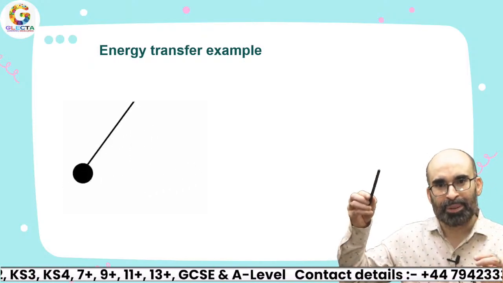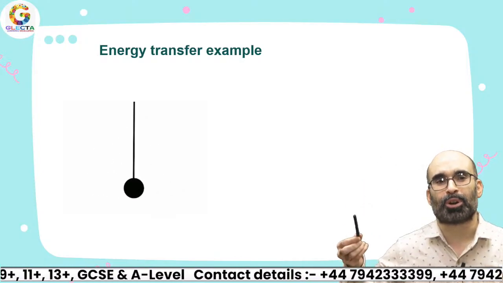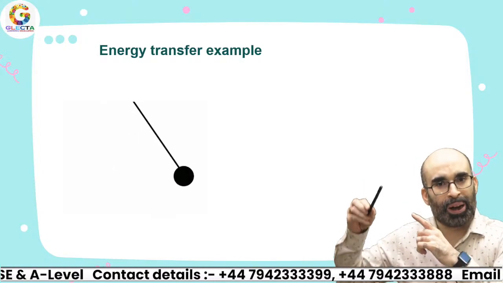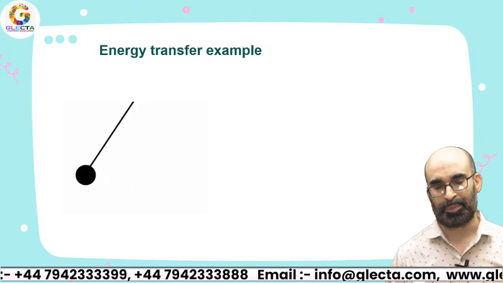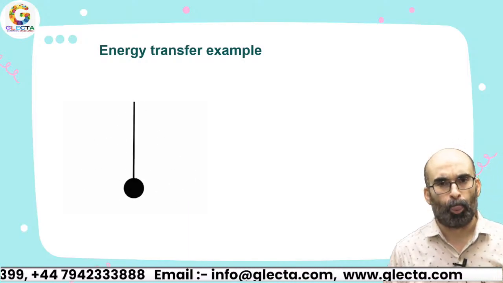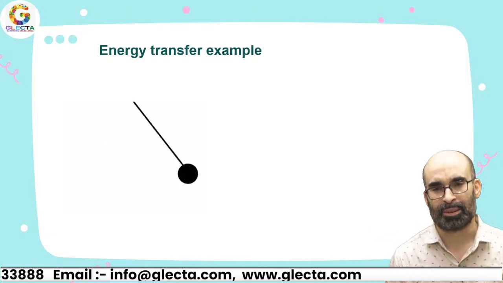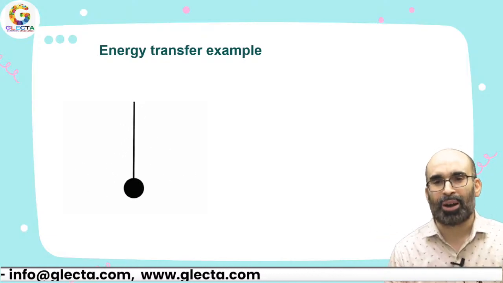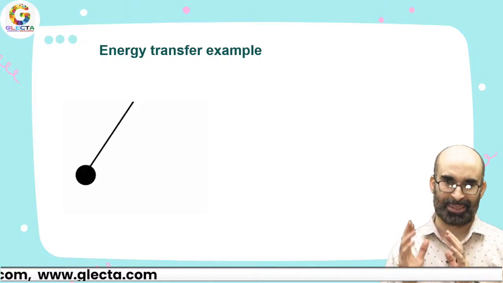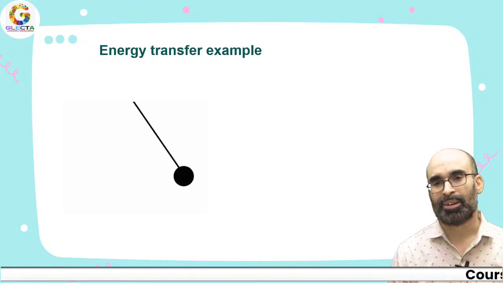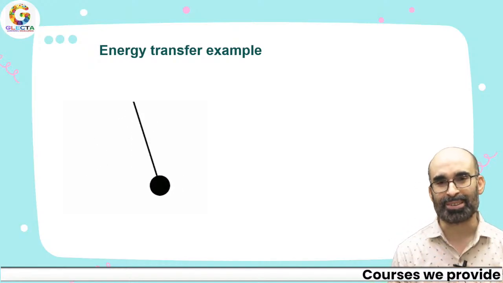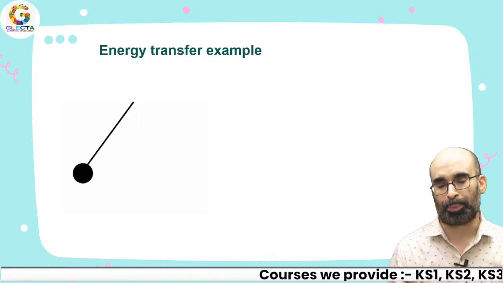When it goes up, gravitational potential energy is increasing. When it is coming down, the kinetic energy store is increasing. When there is no air resistance, the pendulum continues to swing sideways. When there is air resistance or some drag forces, the pendulum stops.